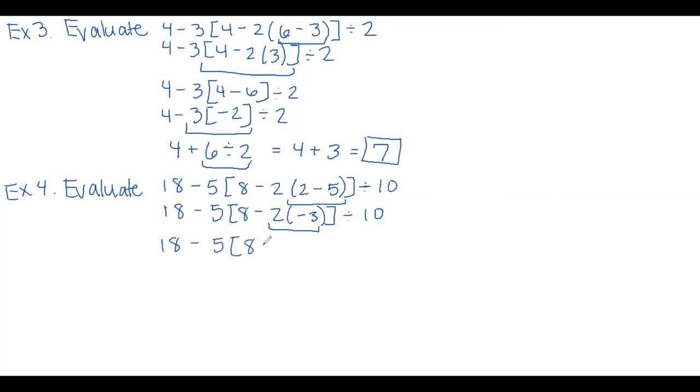So that will be positive 6. I'm going to close that bracket. Oh, and that is supposed to be a 10. So now we need to look in these parentheses. We have 8 plus 6, which is 14. So we're just going to keep rewriting it.